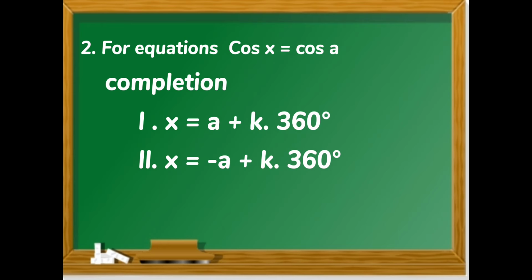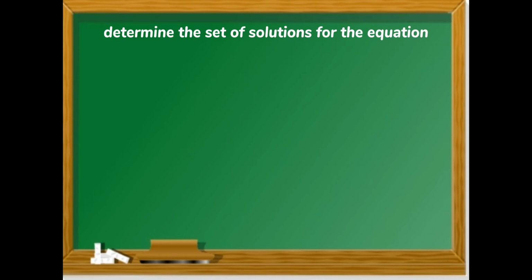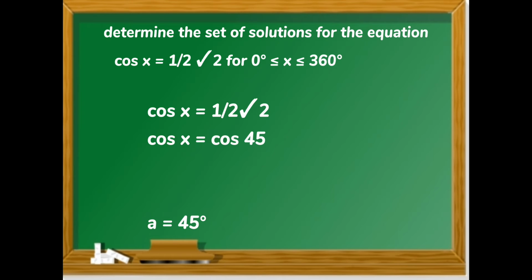Here the solution also has the first two formulas, namely x equals a plus k times 360 degrees. Then the second formula is x equals minus a plus k times 360.